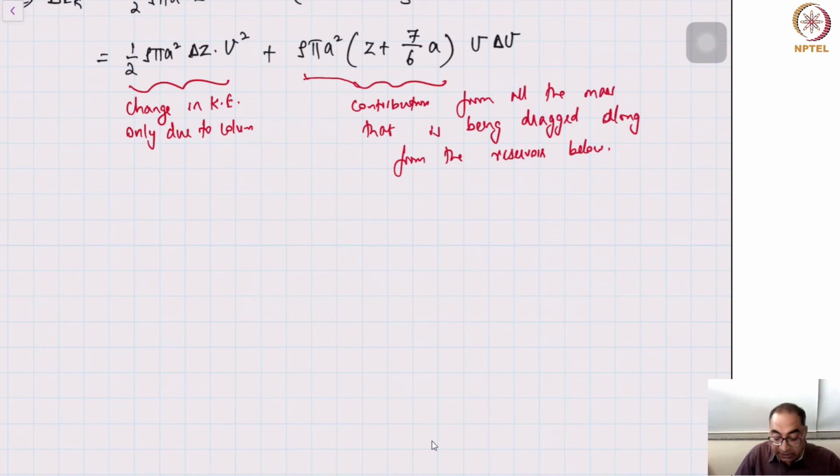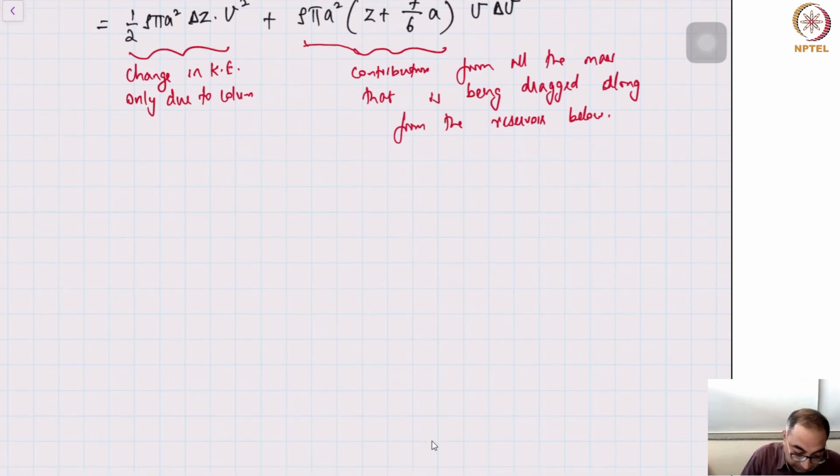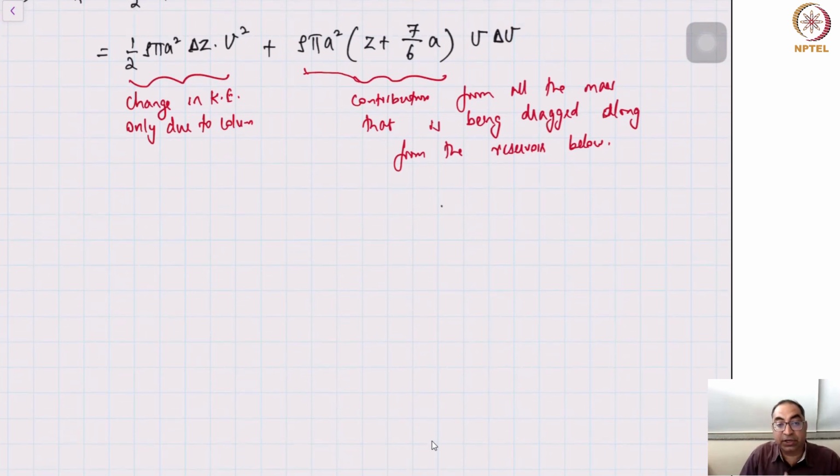If I did not have a reservoir at all, or maybe the statement should be, without considering the reservoir effect, now we have taken the case of reservoir into this calculation.